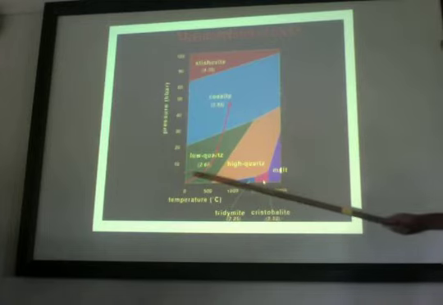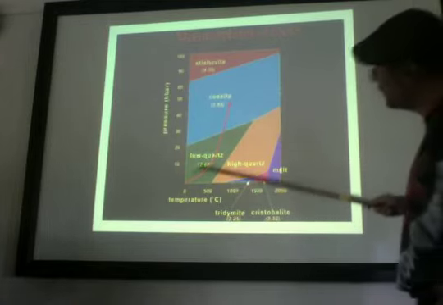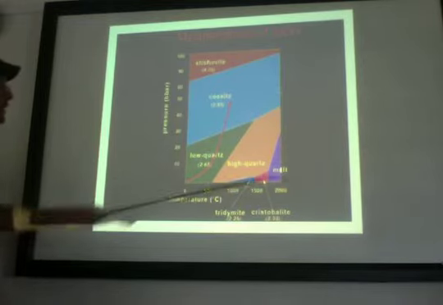If we send this rock along a hypothetical PT path, for example down into a collision belt, because in a continental collision we have a lot of thrust, then we can modify the paths. We increase the pressure and increase the temperature.